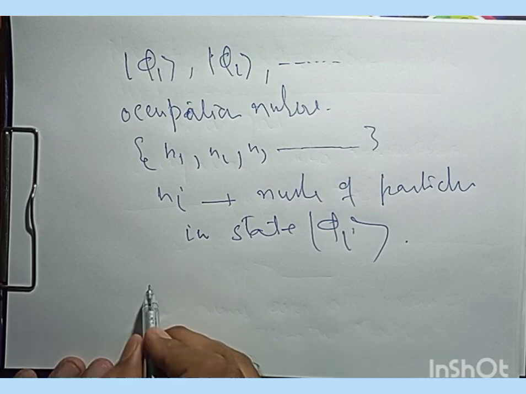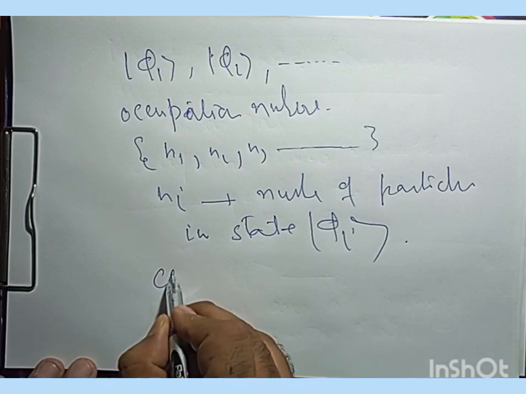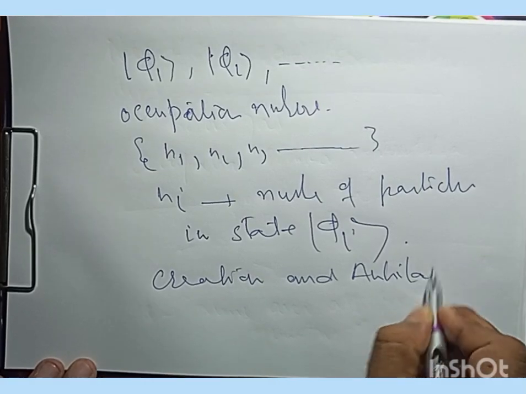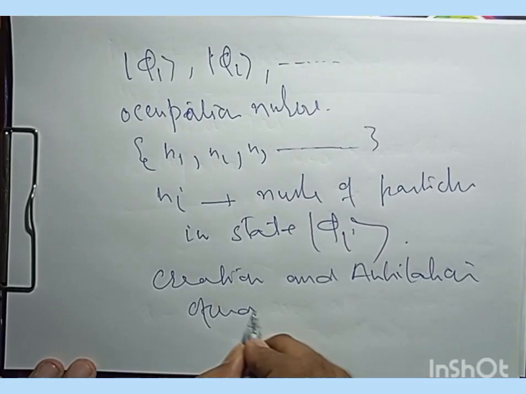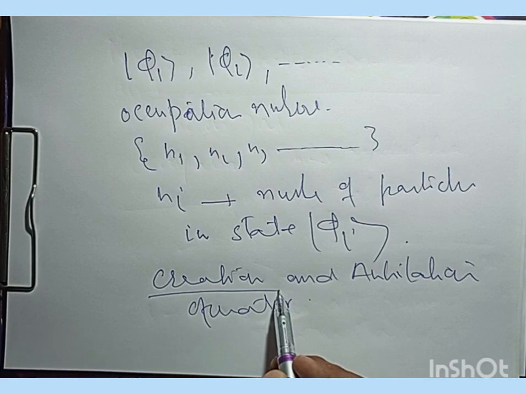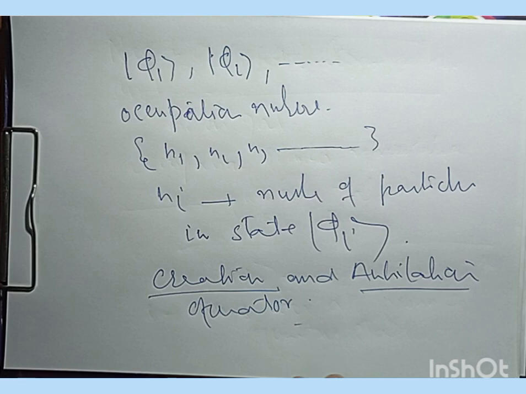What we do in second quantization is we introduce creation and annihilation operators that respectively create a particle, or I should say create a boson, or annihilate a particle in a given quantum state.